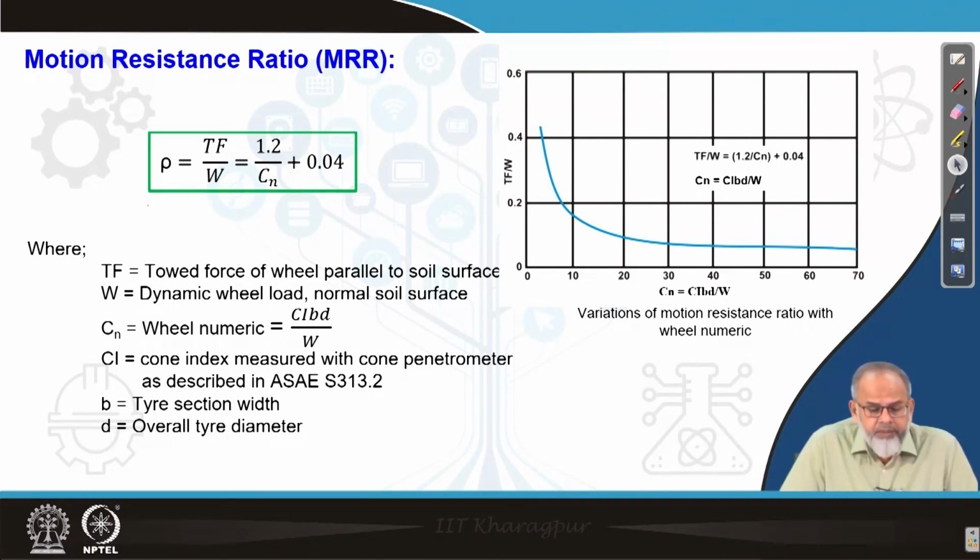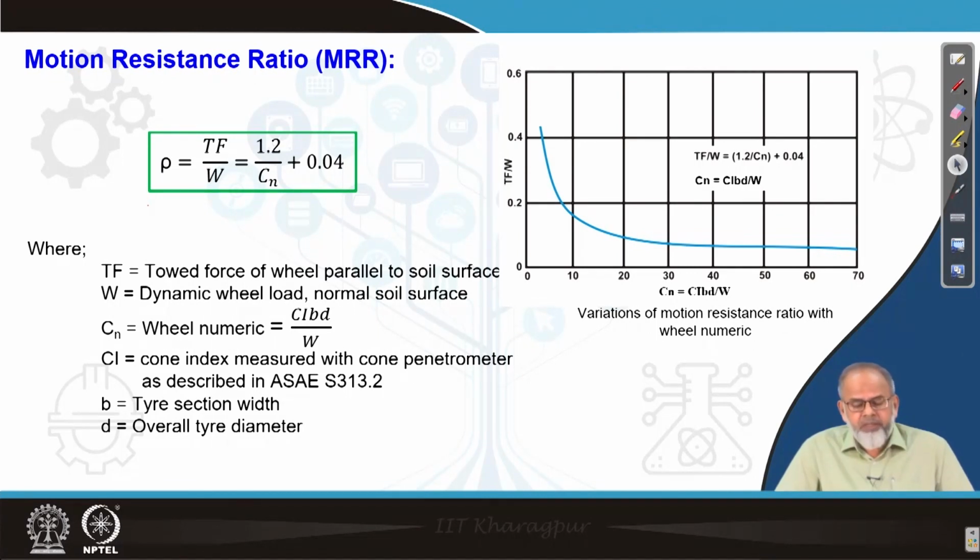So if the static weight distribution is 70-30 or 65-35 in the rear and the front axle, then the 65% will be increased. If you take only 65%, and there are 2 wheels on the rear axle, then 65% of the total weight divided by 2 will give you the weight coming on each wheel.